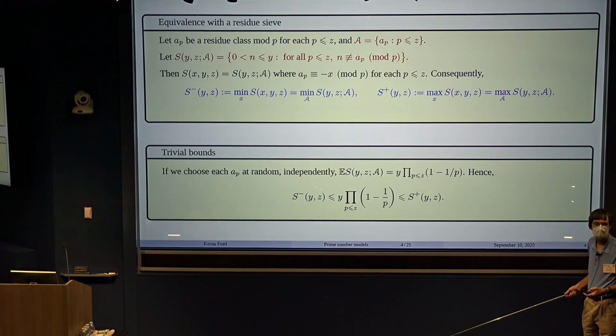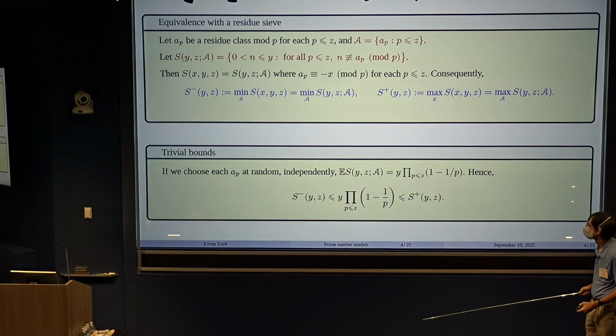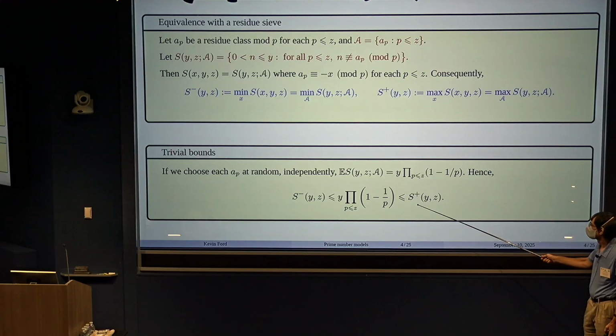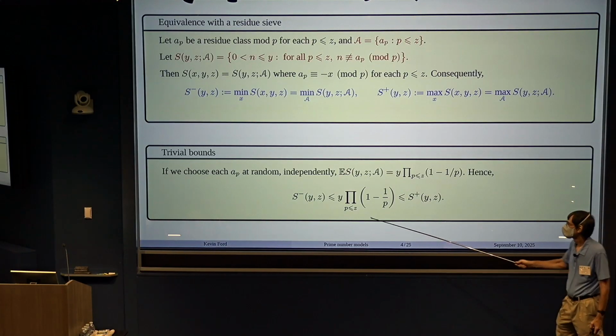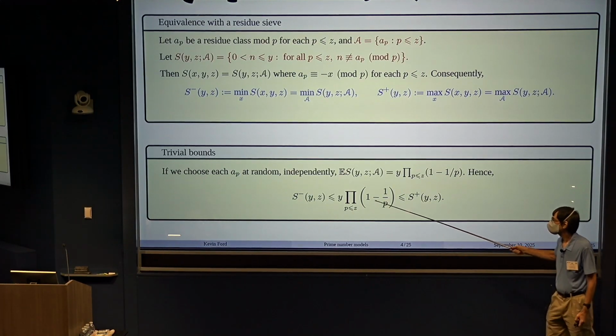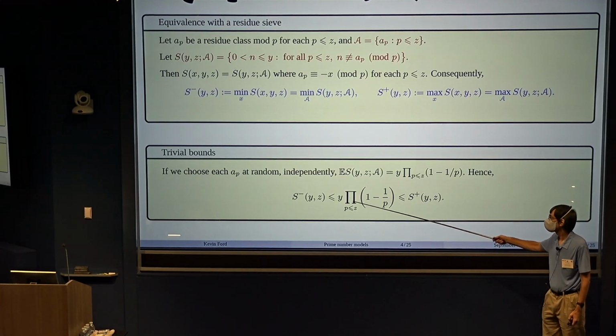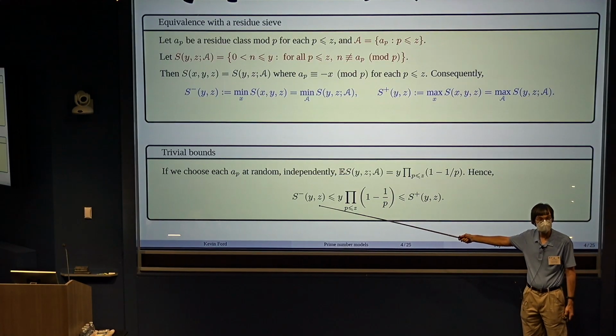My objection is not the definition, it's just the inequality you wrote after you defined little f0 and capital F0. So S minus and S plus are different functions. Because of this inequality here, if I divide by the thing in the middle, S minus is always less than or equal to 1.